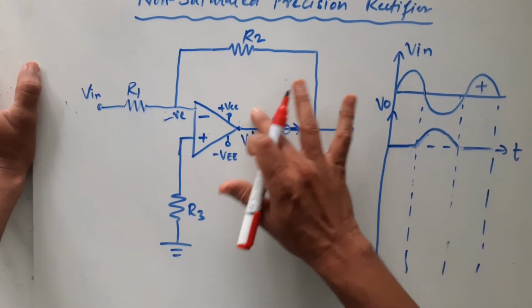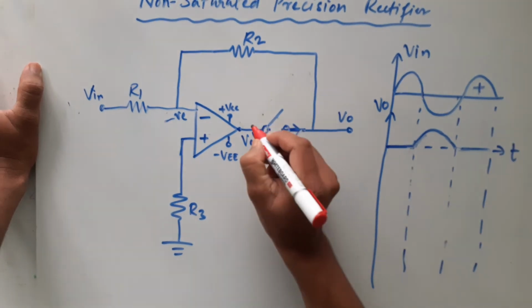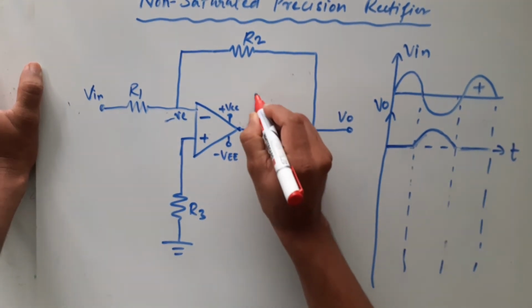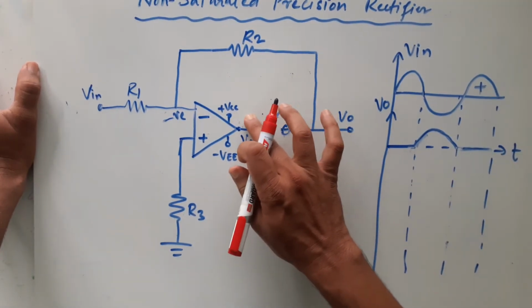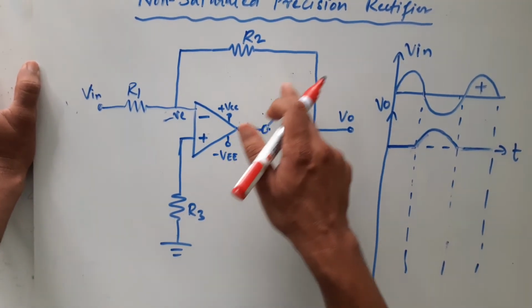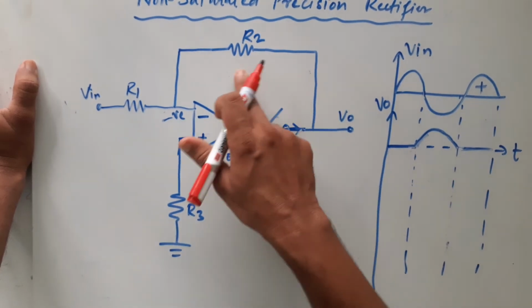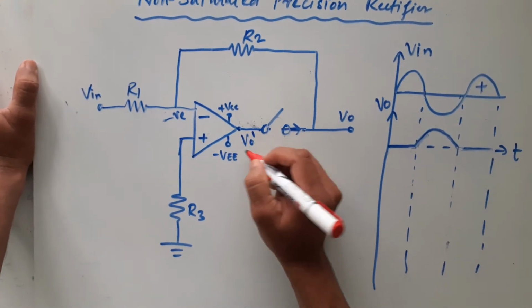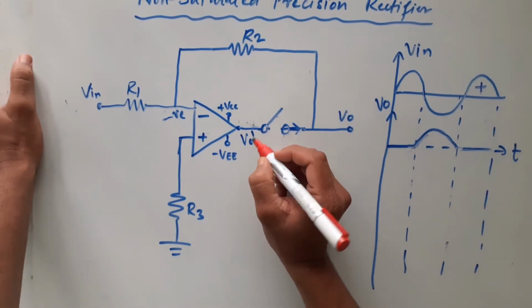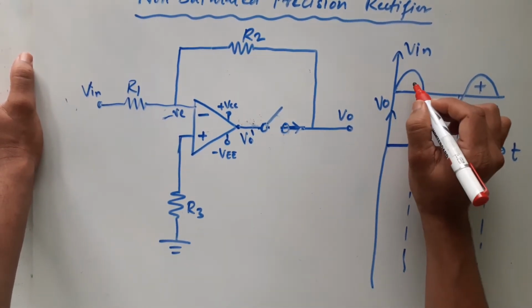It becomes non-saturated when I connect one diode here. So before showing you how I will connect the diode, let me tell you what is happening with V0 dash. Let me start with positive input.